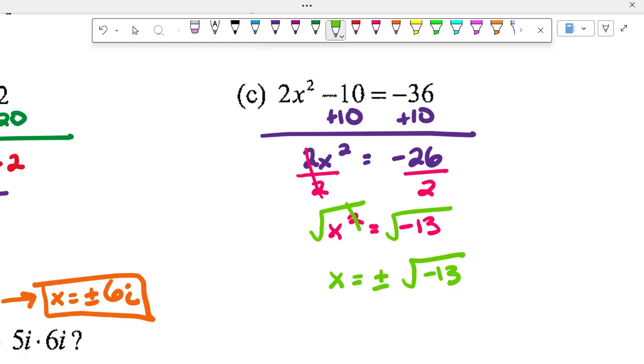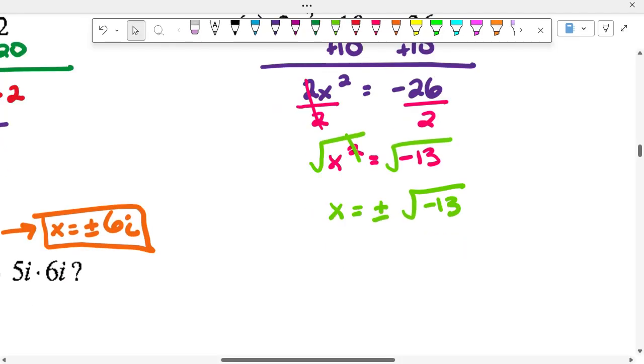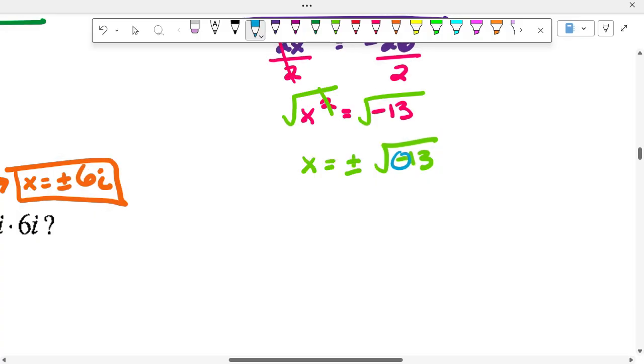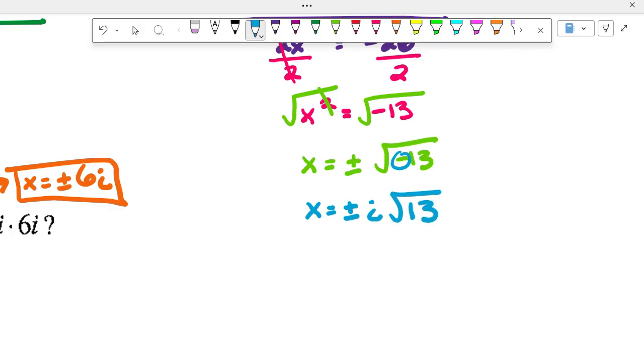Now, what's my final step for simplifying? Carolina. Take the i out. That's all you have to do. So with simplifying this radical, all you could do was take the i out. Your answer is x is equal to plus or minus i square root 13.